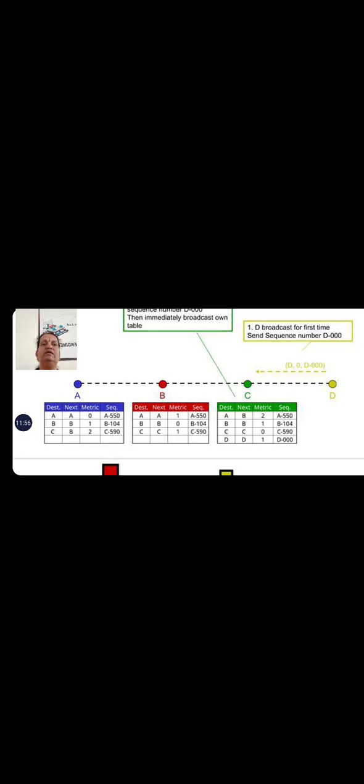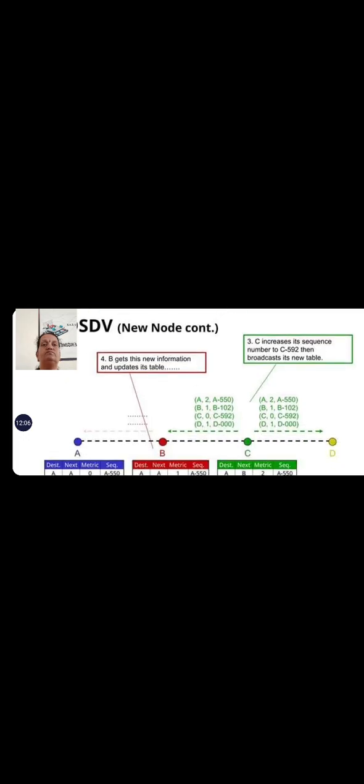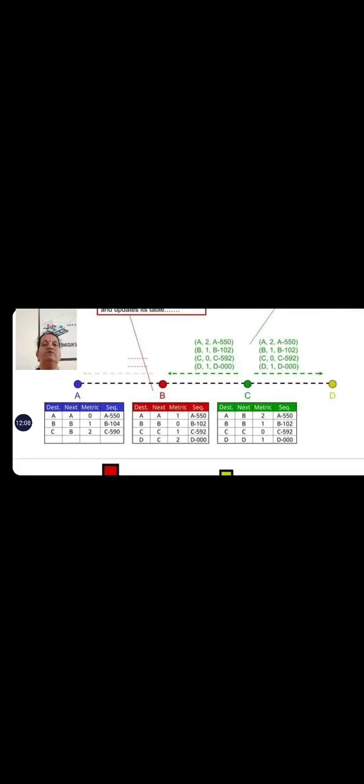If it is a new entry, no other packets might have reached that node, so that entry will be 000. And for each case, that new node will be updated by increasing the sequence numbers. For the B node, the packets are being routed from D to B or B to D. The routing table will be updated to 592, and D is initiated with 000.